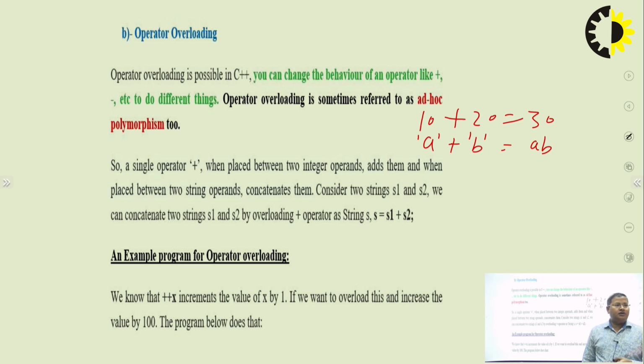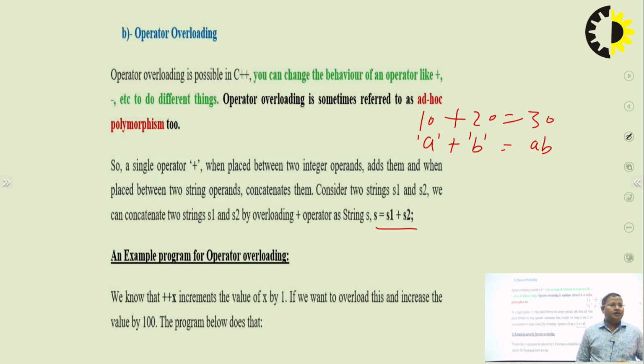So the single operator plus, when placed between two integer operands, adds them, and when placed between two string operands, concatenates them. Consider two strings s1 and s2. We can concatenate s1 and s2 by overloading the plus operator as string s equals s1 plus s2.